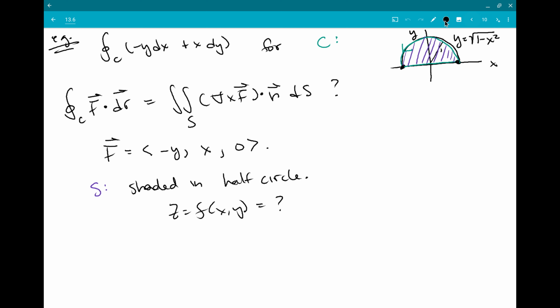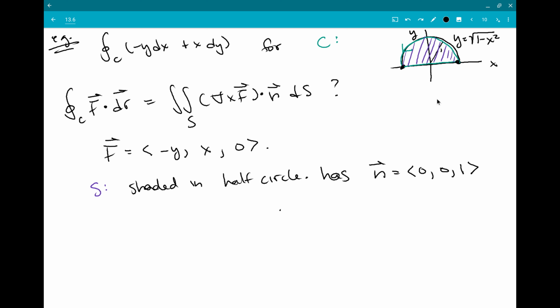Oops. Oh, when I came back here, all my undos went away. That's okay. I'll just erase it. So if I'm thinking about curling my right hand around this curve, so you can put your right hand up against the screen and then curl it in a circle here, your thumb would come out of the page this way.